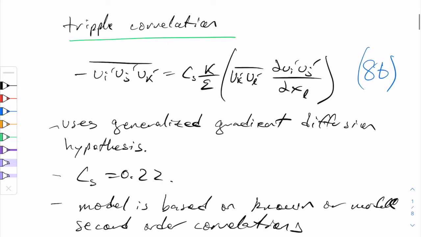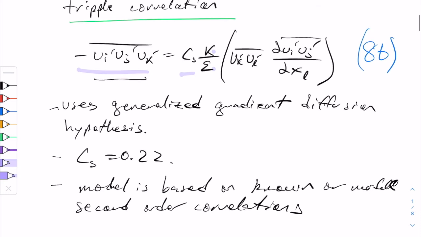First of all, for the triple correlations, these authors have modeled them as second order correlations. So the third order correlations are modeled as second order by Cs k over epsilon, that's turbulent kinetic energy divided by dissipation, times the second order correlation ul prime bar, and partial ui uj bar, partial xl.